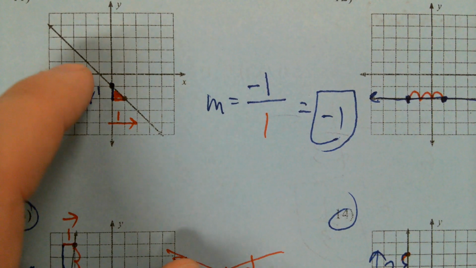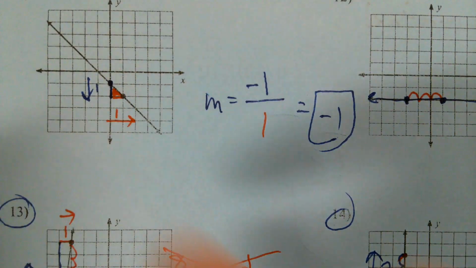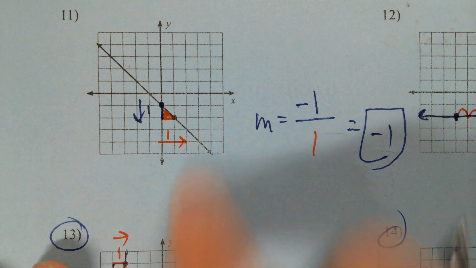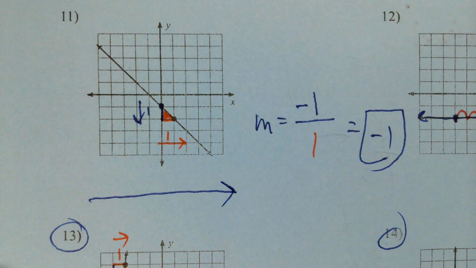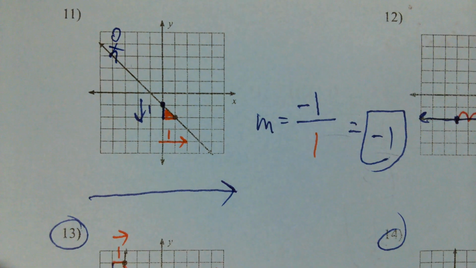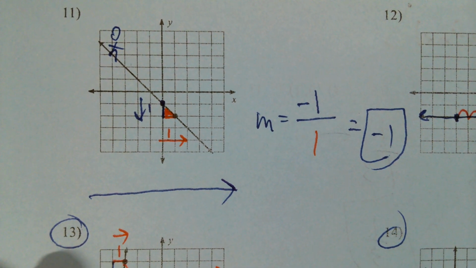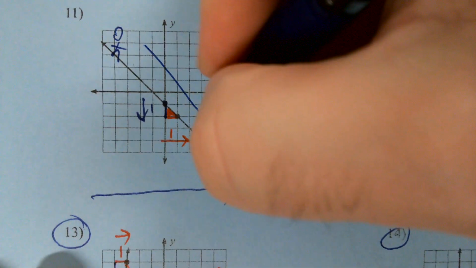And even if you forgot that rising down gives us a negative rise, if you just got +1, take a look at this graph. And I know for a fact I brought this up to a couple people yesterday. From left to right, are we going uphill or downhill on this graph? What do you guys think? Take a look at that graph. Are we going uphill or downhill from left to right? We're going downhill.